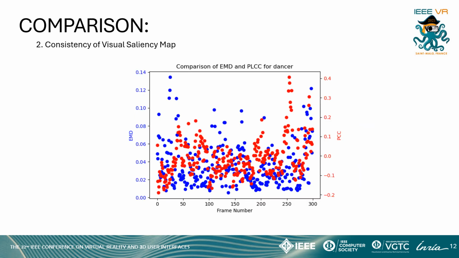Then we analyze the final result, the visual saliency map, and we proposed or adapted an algorithm called Earth Mover's Distance to compare the 2 different visual saliency maps. The other one is the widely used Pearson correlation. For 300 frames, we can see that they are quite different.